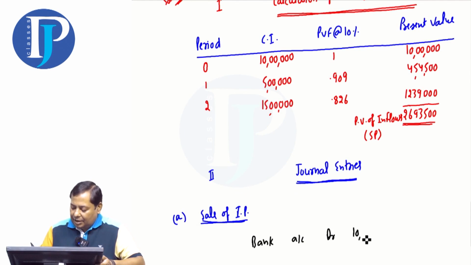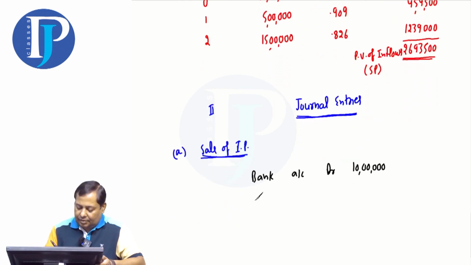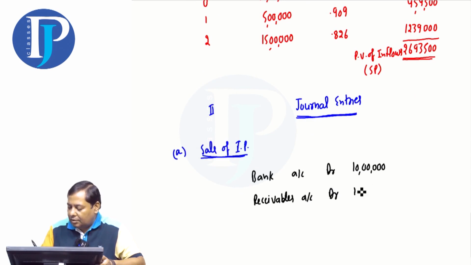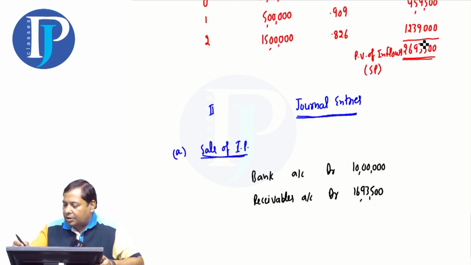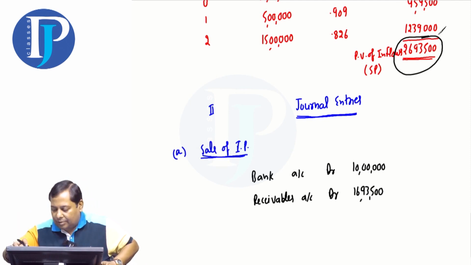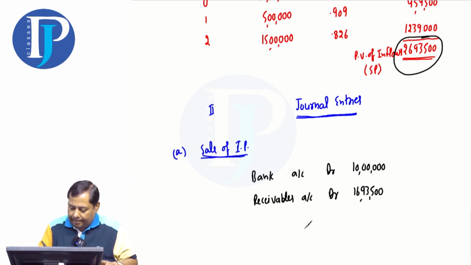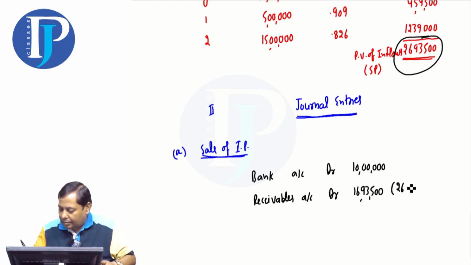Many will say that in the down payment we have rupees 10 lakhs. Receivables debit. Tell me how much money will come in receivables? 16 lakhs 93,500. How? 26 lakhs 93,500 was the amount. 10 lakhs are received and the remaining amount is outstanding.